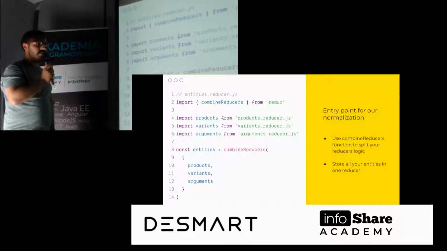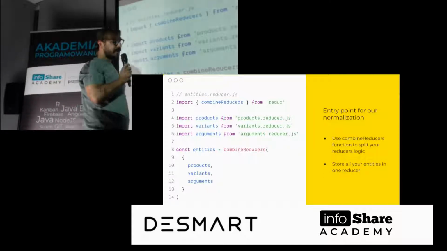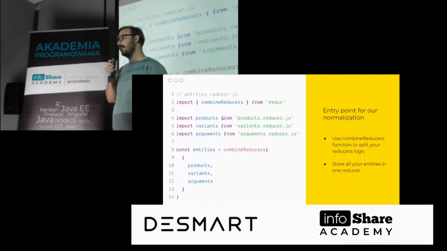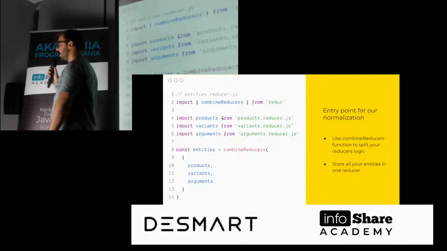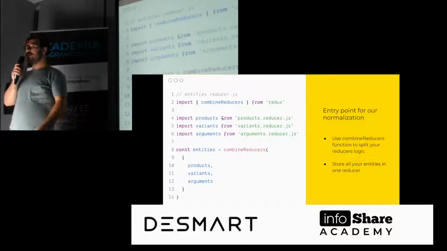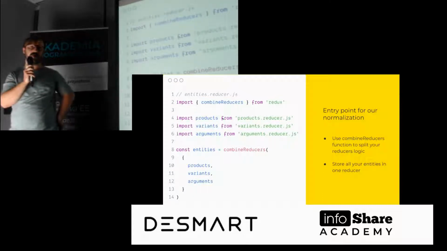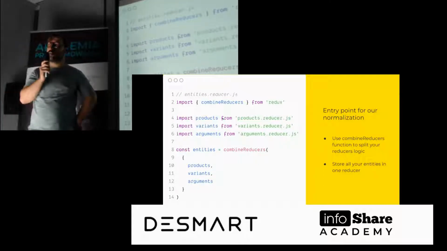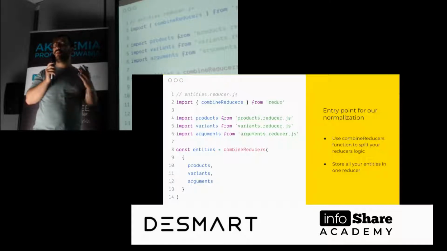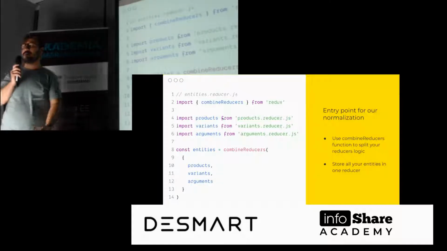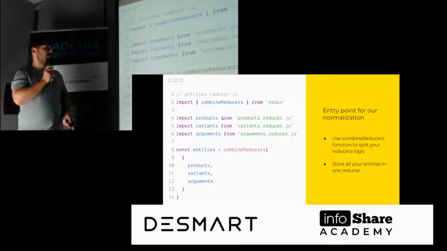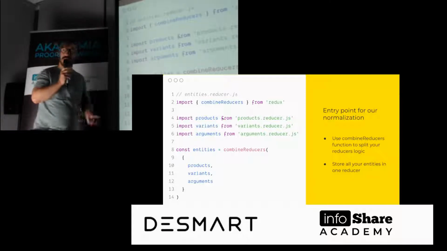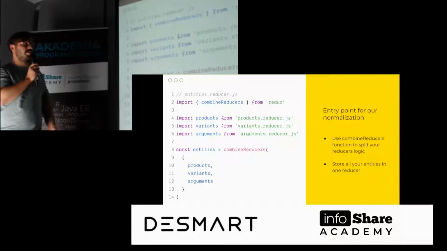Okay, so you already see what a normalized state can look like, but let's actually do it. That's our entry point for normalization, and we'll be talking about normalization in the context of Redux, since it's I think the most well-known state management tool.